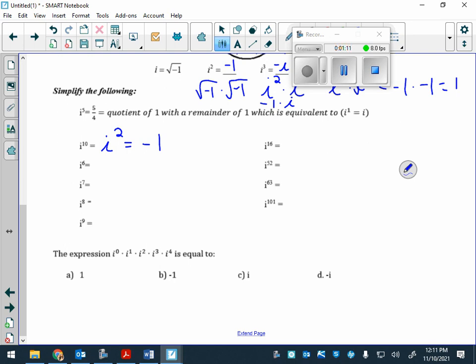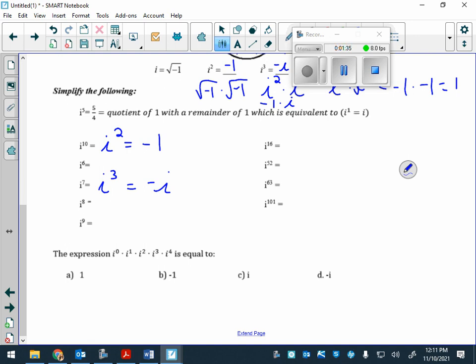4 goes into 7 how many times? Once. How many are left over? 3. So i to the 7th is equivalent to i cubed, which is what according to the circle? -i. Okay? So whatever is left over, your remainder, and it's always dividing by 4.